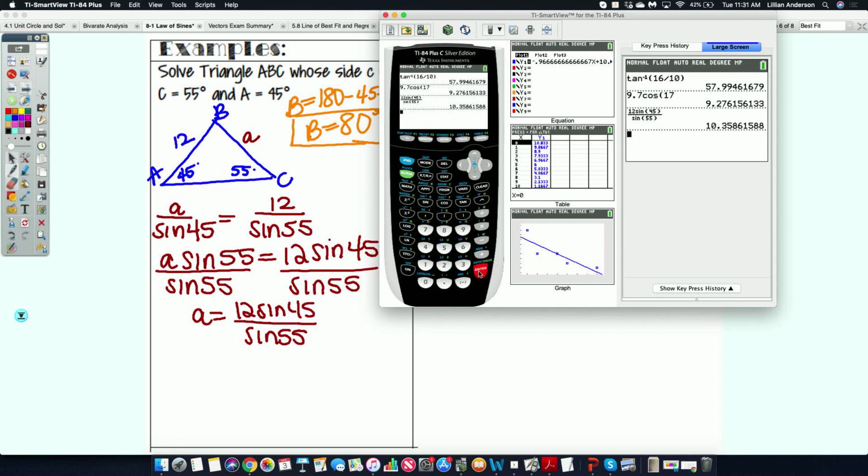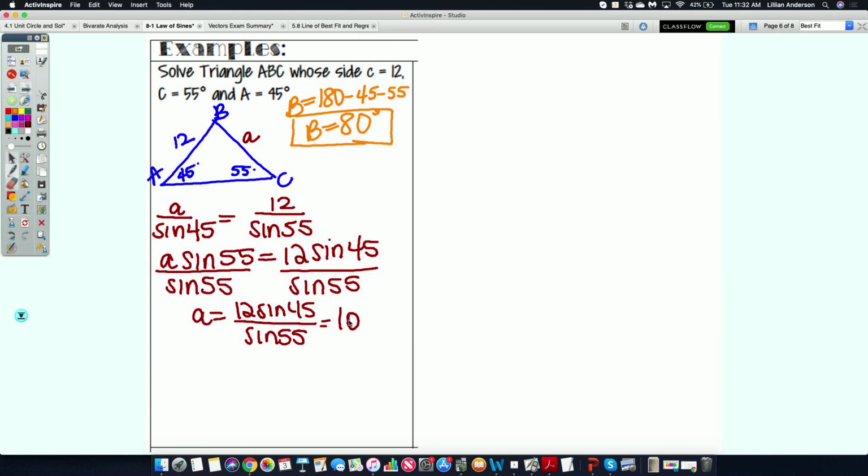And do we get this? So 3 significant figures would be 10.4. And then, of course, if there were units, we would write what the units were, but we don't have any units right now. Questions?